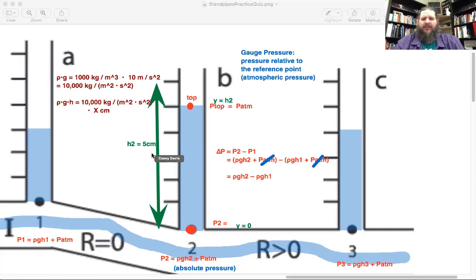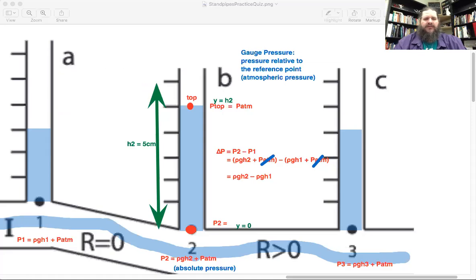In this case, 5 centimeters. For centimeters, though, that's going to be equivalent to what in terms of meters? What does centi mean? Yeah, centi is 1 over 100, because 1 centimeter is 1/100th of a meter. So let's say X times 1/100th of a meter.